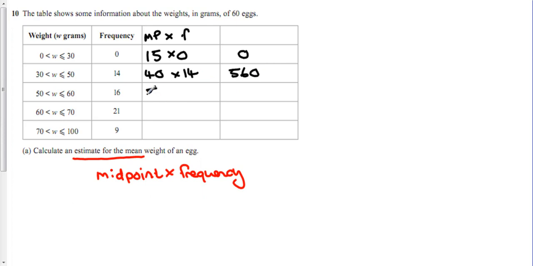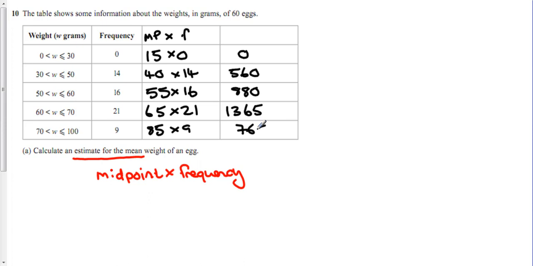The midpoint of the next group is 55 times 16, which is 880. And then we've got the midpoint of 65 times 21, 1365, and then finally 85 times 9, which is 765.